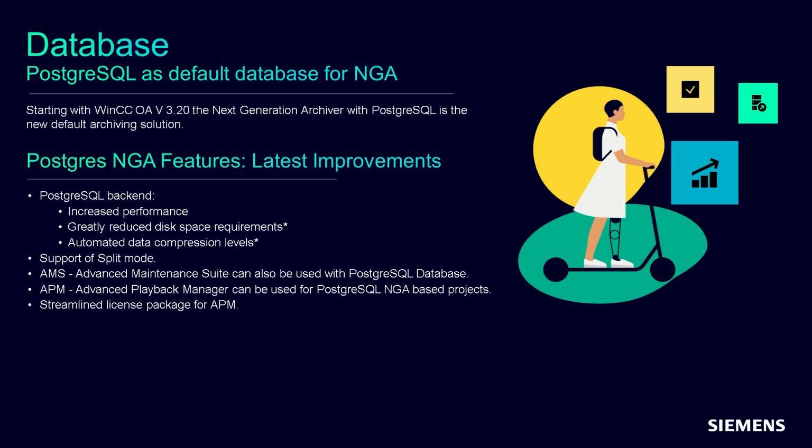We are now supporting split mode also with NGA. And Advanced Maintenance Suite and APM, Advanced Playback Manager, is also now available based on Postgres projects. And there is also, last but not least, a streamlined license package for APM.